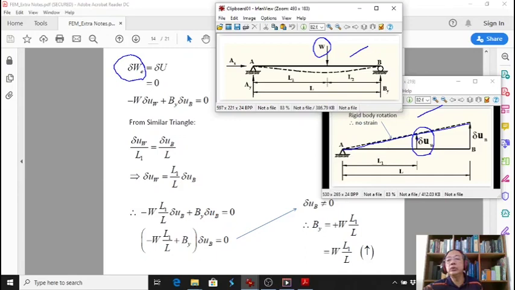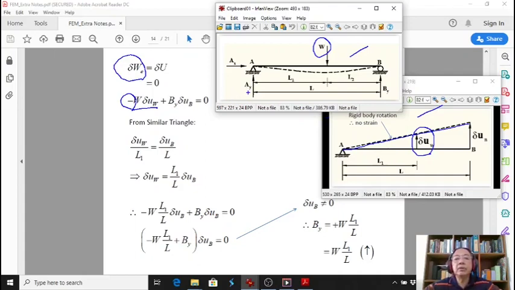This is the displacement, or the virtual displacement, at the position of W. So W times virtual UW, we get this. And we put the minus because the direction is opposite. W is downward, but virtual UW is upward. So minus sign because W and virtual UW are in different directions.